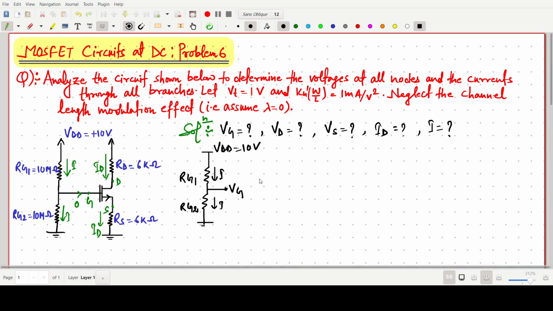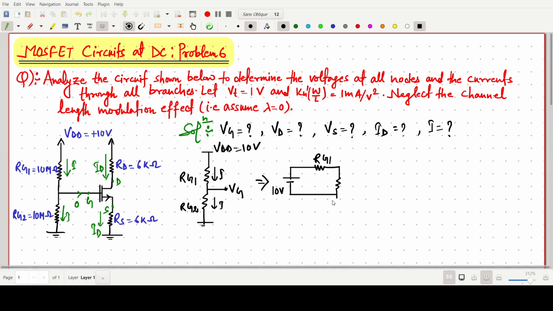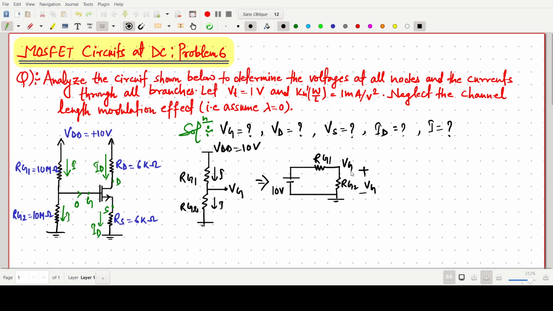It looks somewhat like a 10 volt battery, with an RG1 resistance and an RG2 resistance, and we have to find this value. That is our Vg. This Vg can be easily found by using the voltage divider concept.